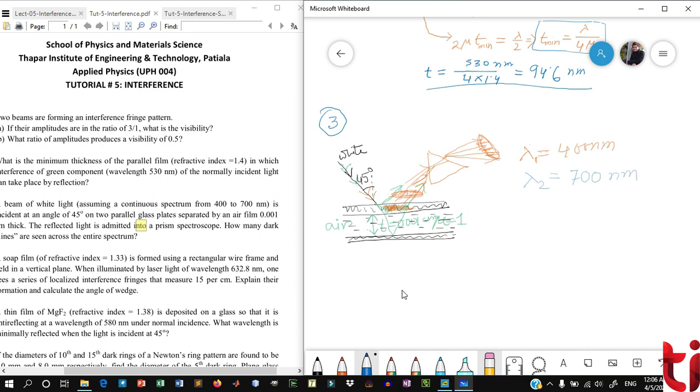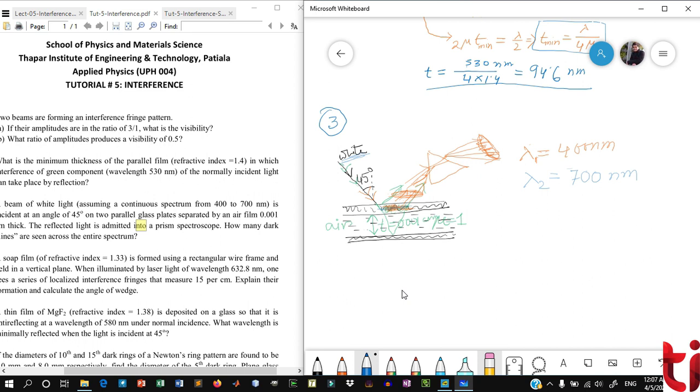So the wavelength of this white light ranges from lambda 1 to lambda 2. Now our next step would be to find out how many such wavelengths between 400 nanometer and 700 nanometer will interfere destructively in this region.